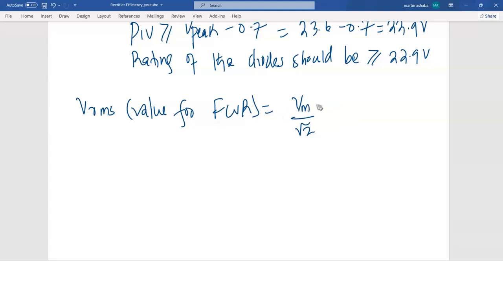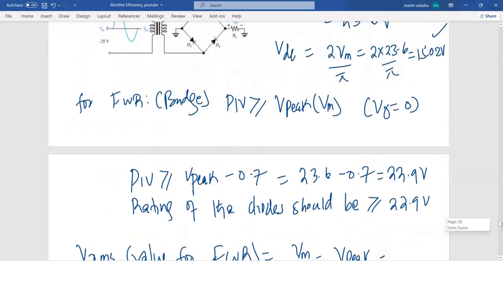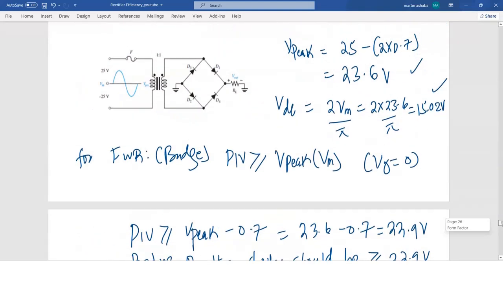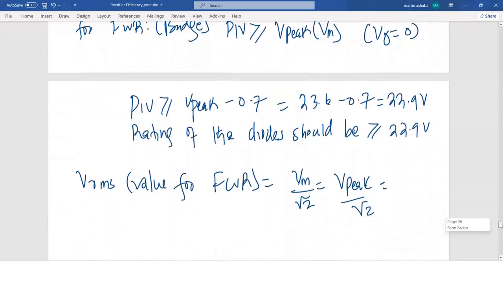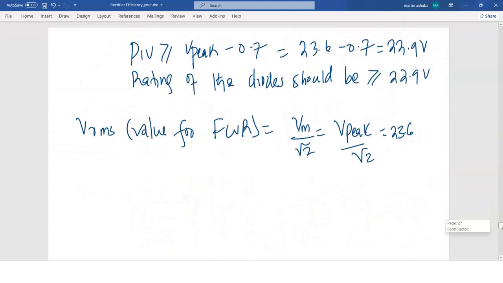And the V peak that we have above is 23.6.